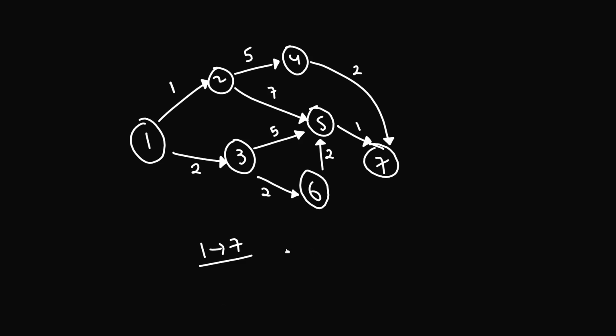And suppose k is equal to 3. That means you can only have at max 3 stops in between. In other words, if this is the starting city, it corresponds to k equal to 0, and if this is the ending city, it can be at max k equal to 4. Why? Because I can have at max 3 cities in between.